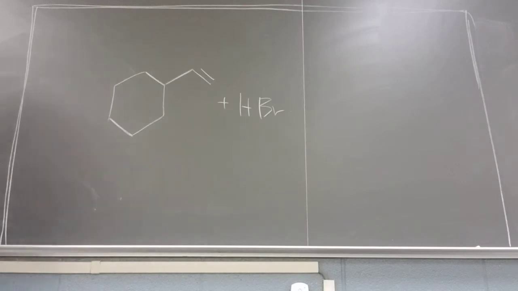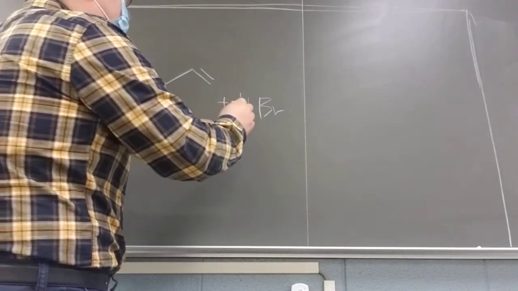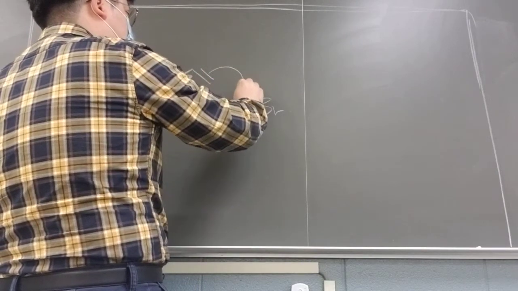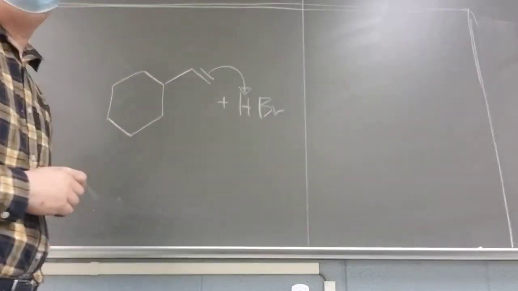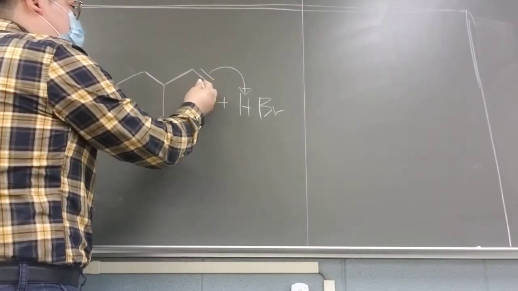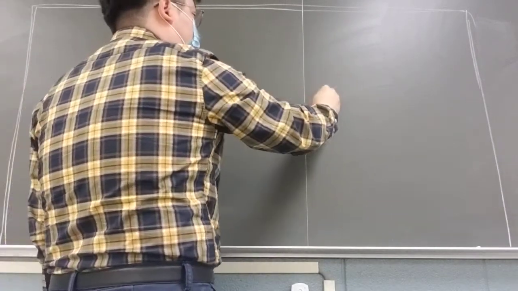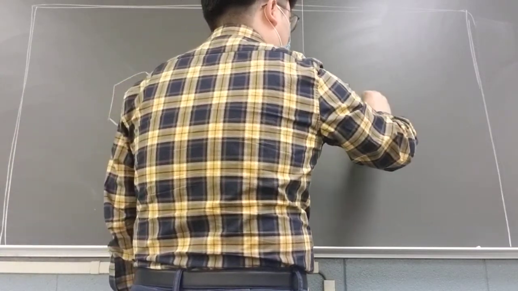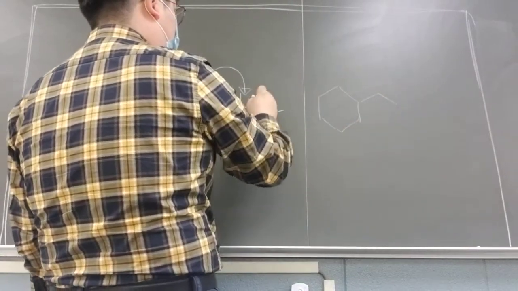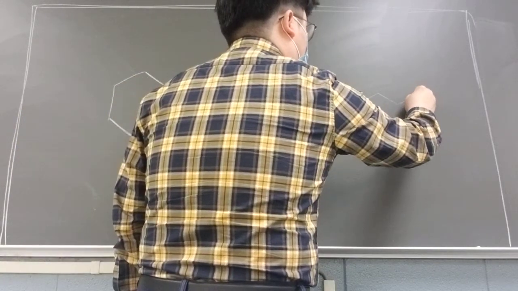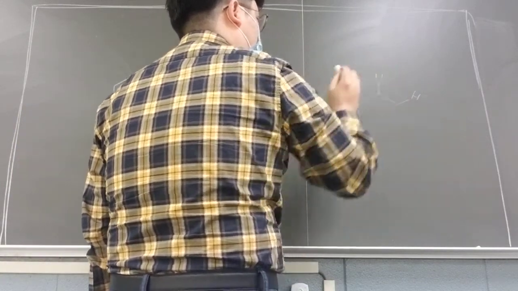Okay, all right. So if you look at this one over here, this one will grab this one over here, right? So the possibility is either you can put it here or here, okay?